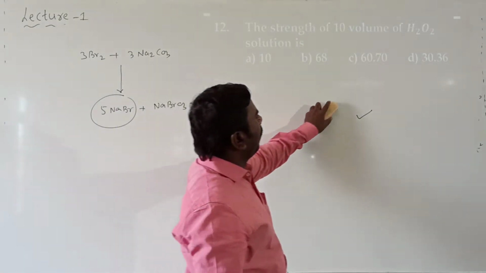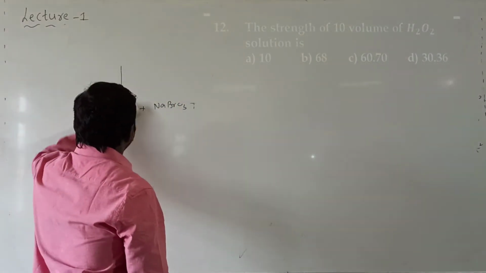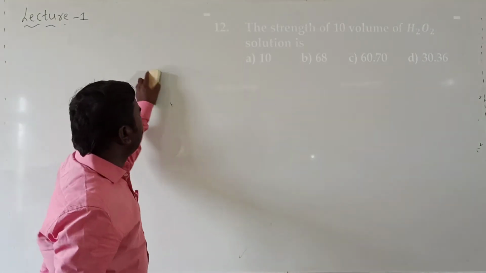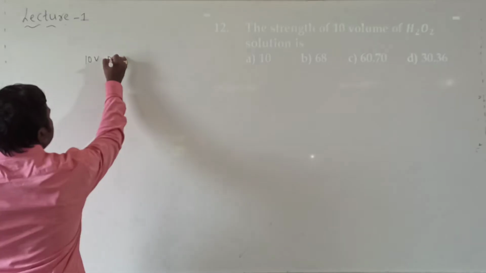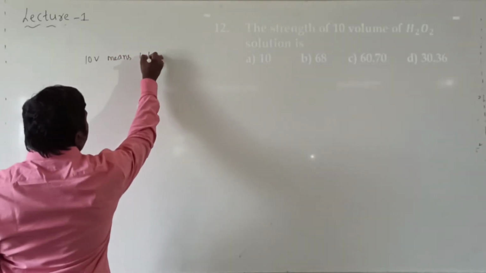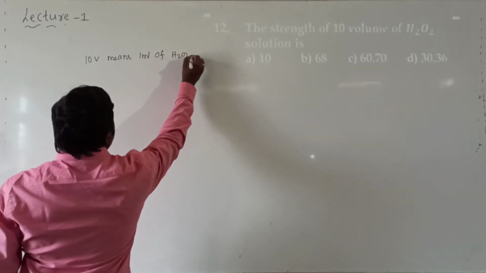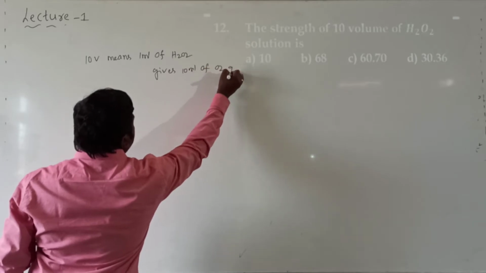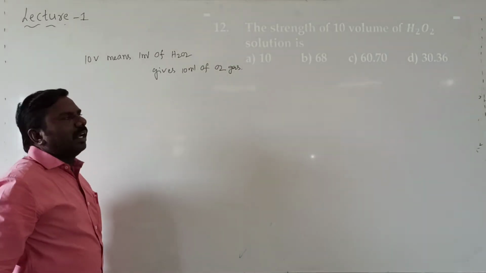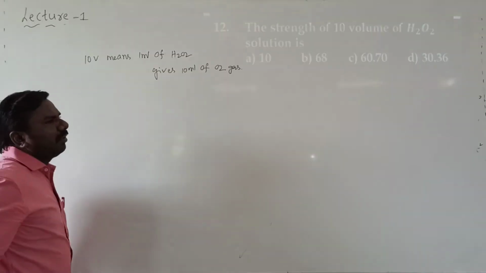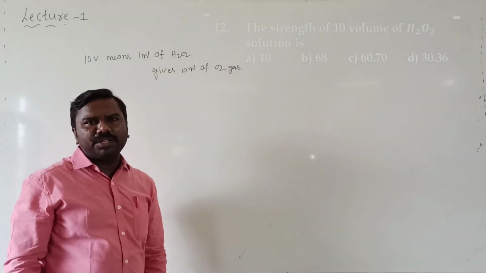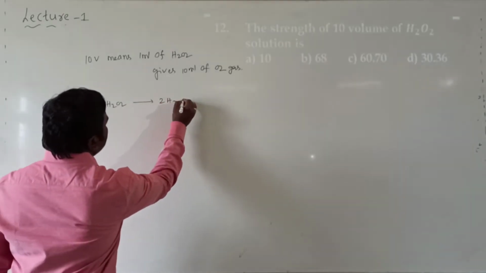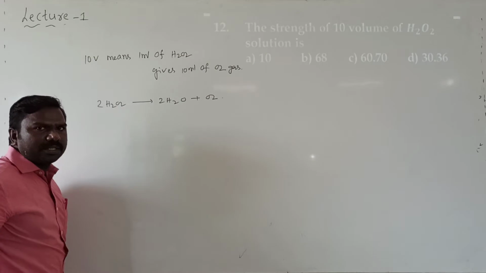The strength of 10 volume of H2O2 solution. Students, I have discussed in the hydrogen peroxide topic, 10 volume means 1 ml of H2O2 gives 10 ml of oxygen gas. By this you have to calculate; otherwise better you remember, not an issue. 2 moles of H2O2 gives 2 H2O plus O2.